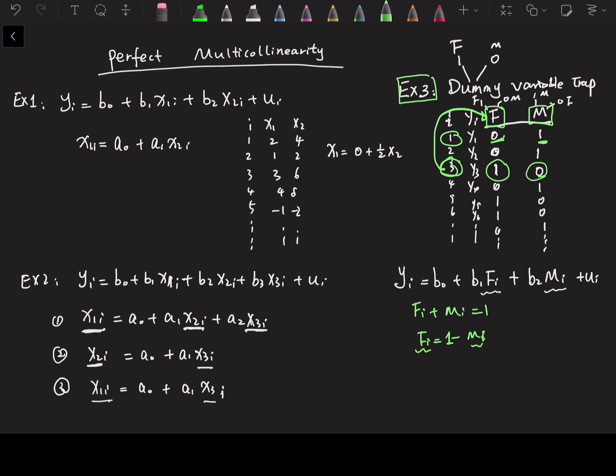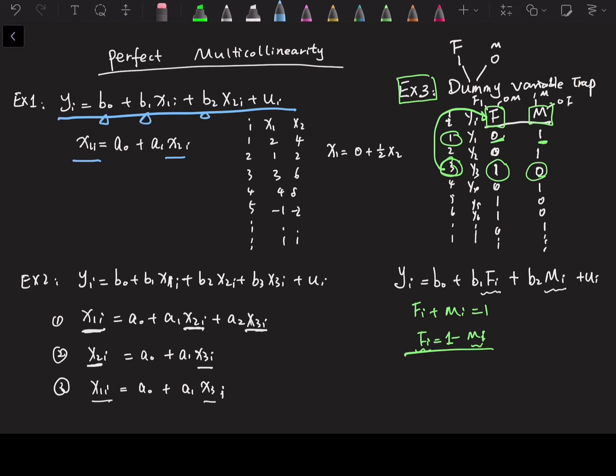Perfect multicollinearity by definition means one regressor is an exact linear function of some of the other regressors. Let's talk about the consequence of it. Using this as an example, if x1 and x2 are perfectly collinear, you cannot get all the coefficients estimated.